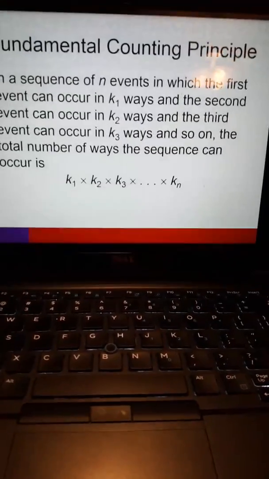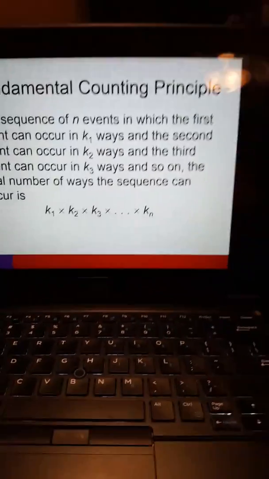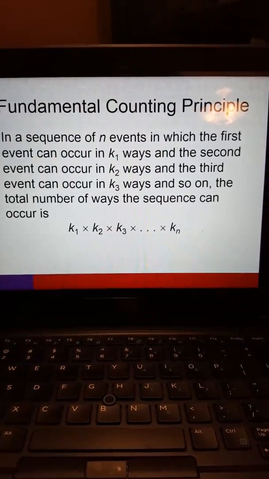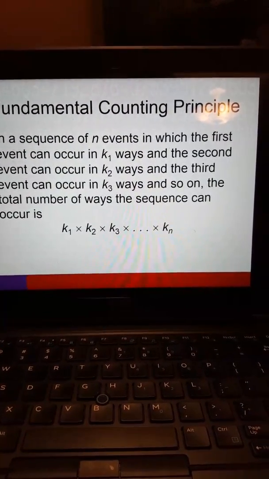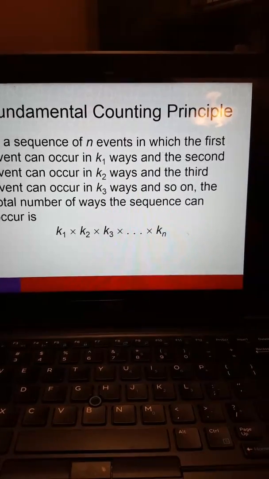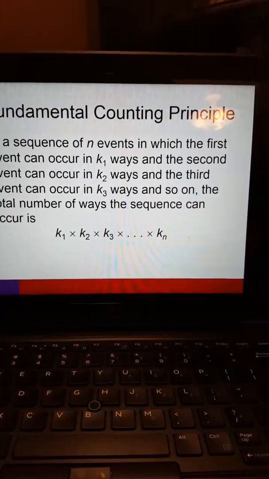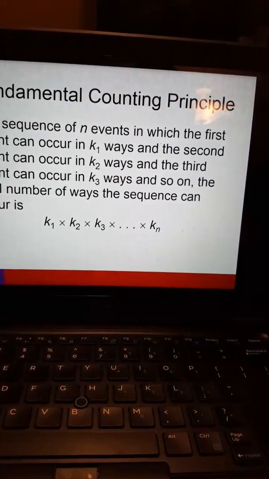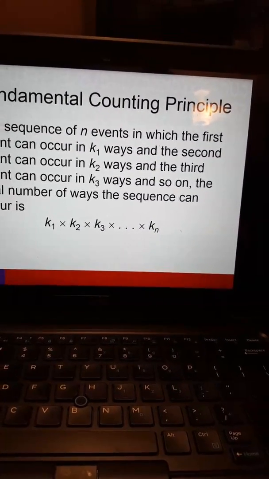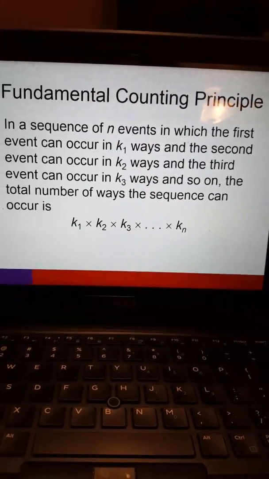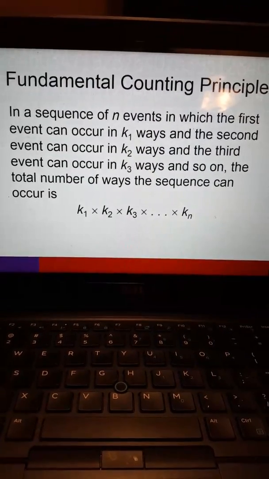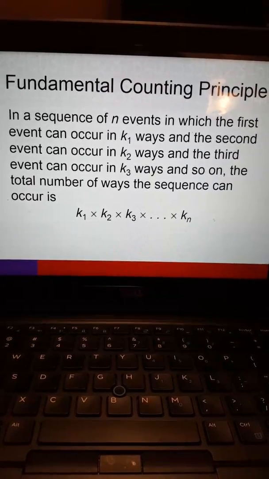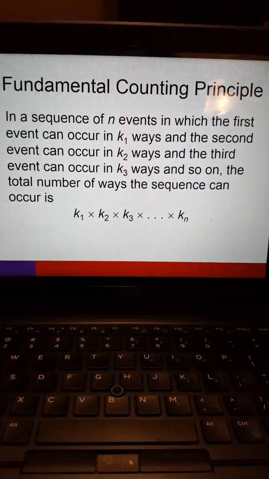I was getting a reflection. Sorry. Fundamental counting principle: in a sequence of n events in which the first event can occur in K1 ways, the second event can occur in K2 ways, and the third event can occur in K3 ways, and so on, the total number of ways the sequence can occur is K1 times K2 times K3, and it can go up to whatever number of categories you are working with.